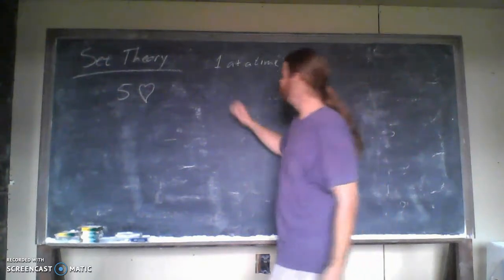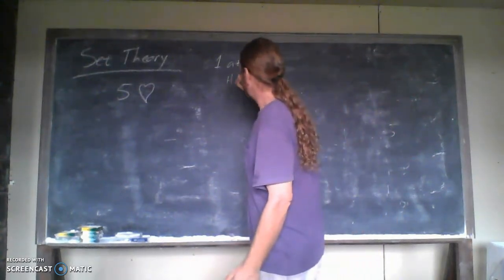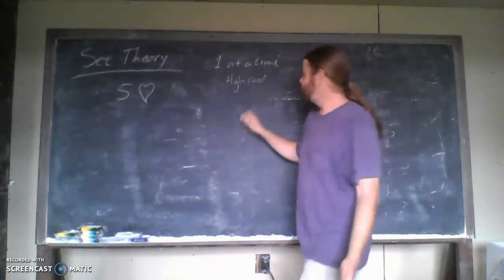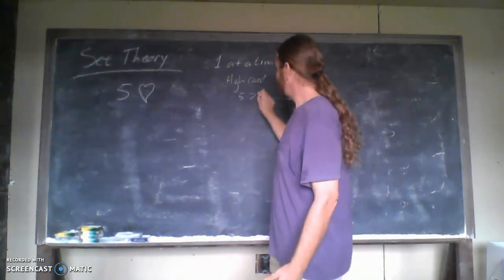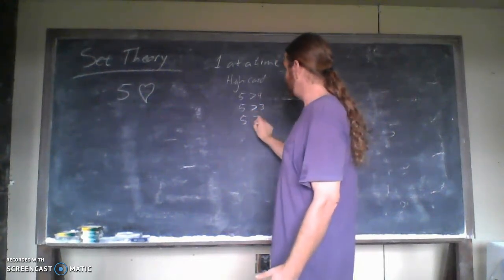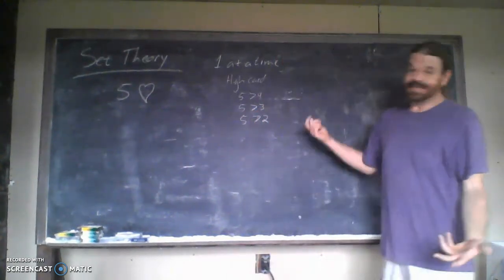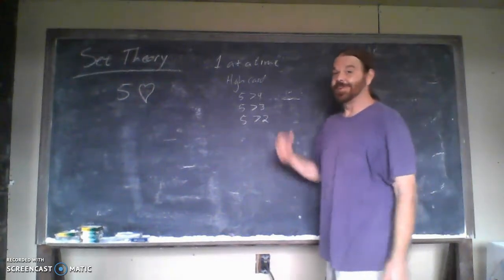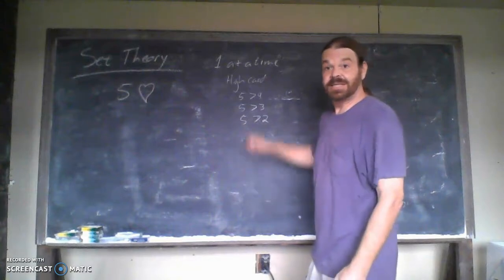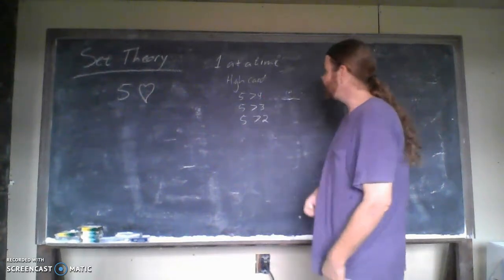So we need the high card rule. We'll have to write up a rule for a high card. Like 5's bigger than 4, 5's bigger than 3, 5's bigger than 2, ace is bigger than the 5. We move our 1 up to the end. But that's just one rule. We have to do 3 different things just for this one card.